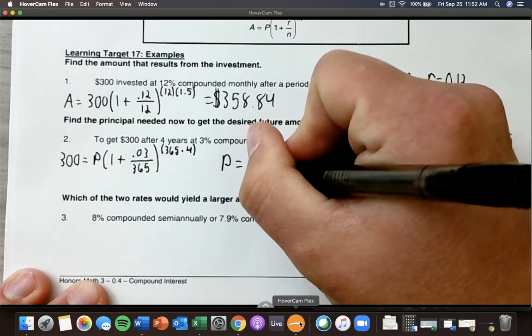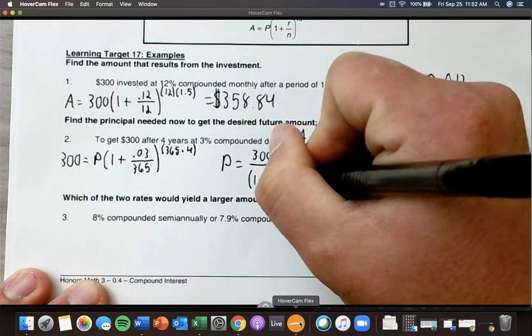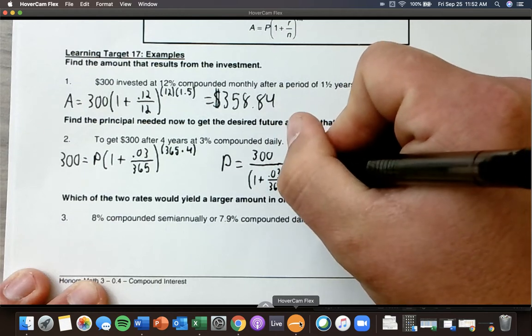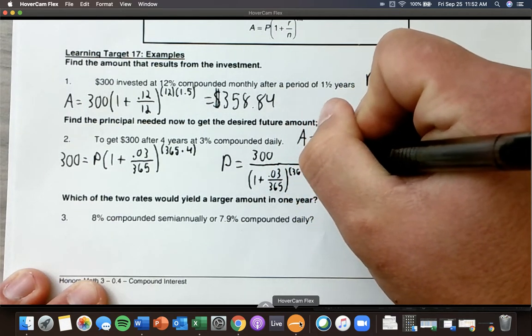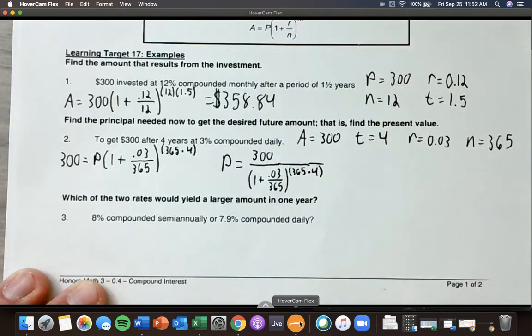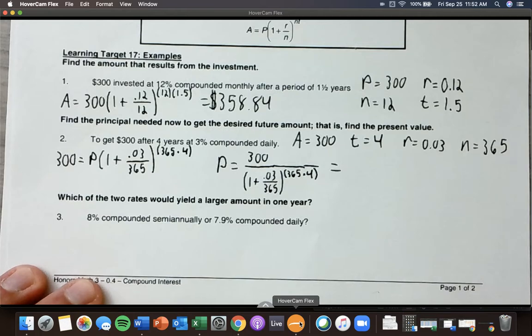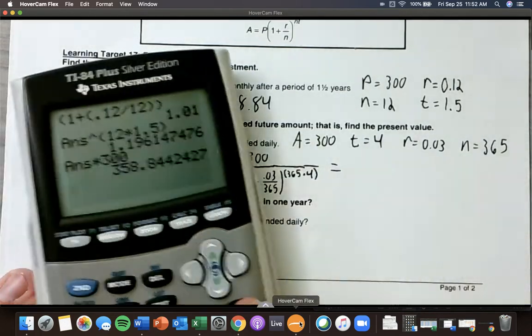So it would be 1 plus 0.03 all over 365, all raised to the 365 times 4. Now that we have this, again, we can just plug this into our calculator, and we'll start with the parentheses just like we did last time.